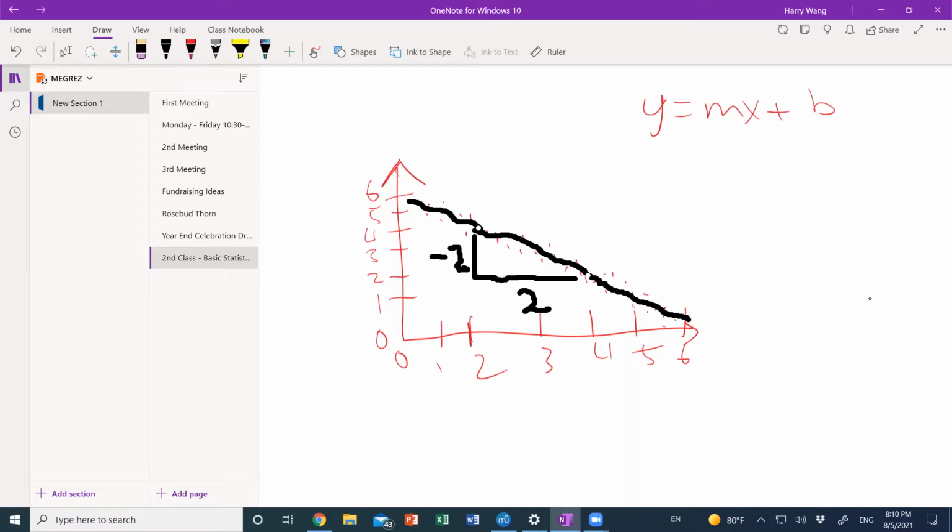Yeah. So what's the slope for this line? Slope for this line. Basically, in the simplified form, it would just be a 1. Yes, that's right.